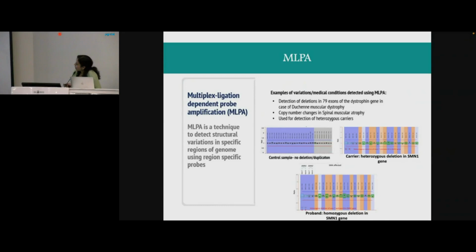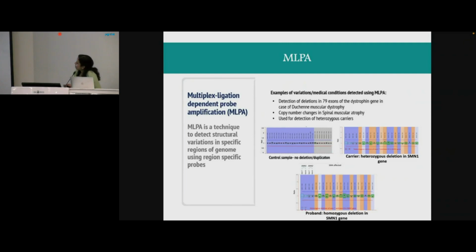This is a normal graph where you can see the probe distribution coming in between this bar. If it is at 1 on the axis, it means there are no copy number changes, no deletion or duplication. But if your probes are at 0.5, it shows a heterozygous deletion. This is a case of an SMA carrier.